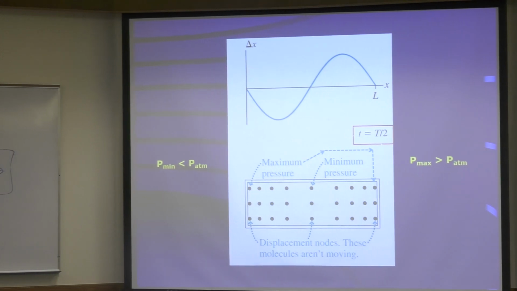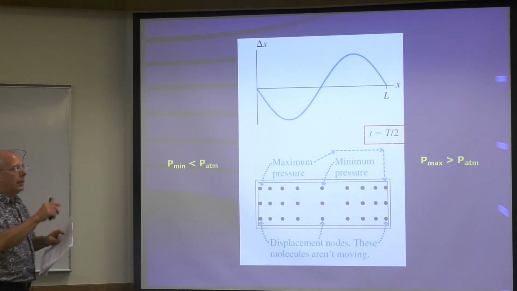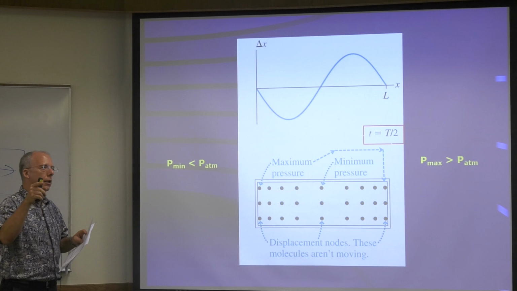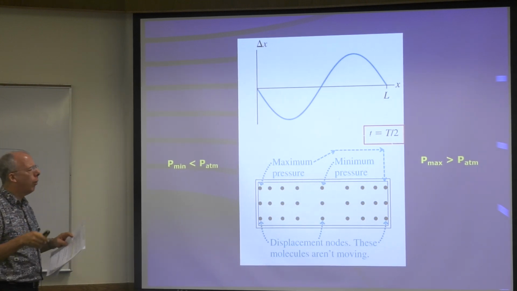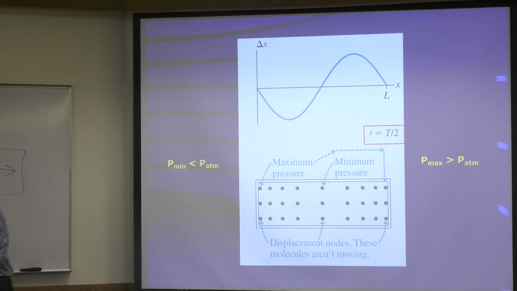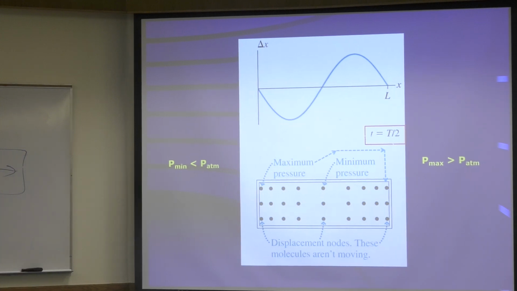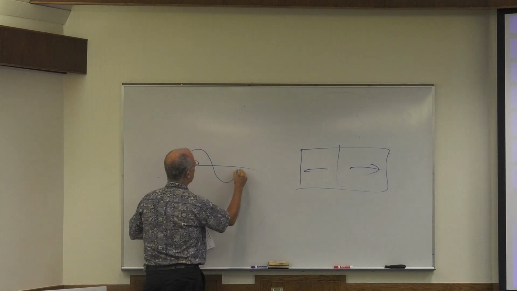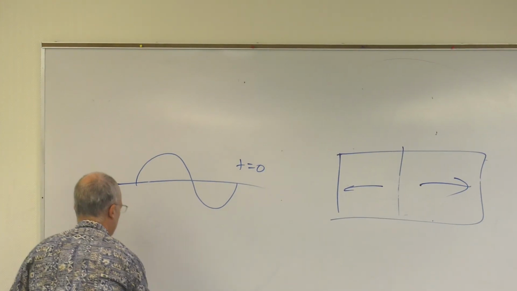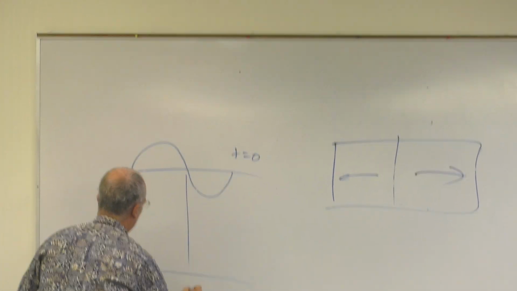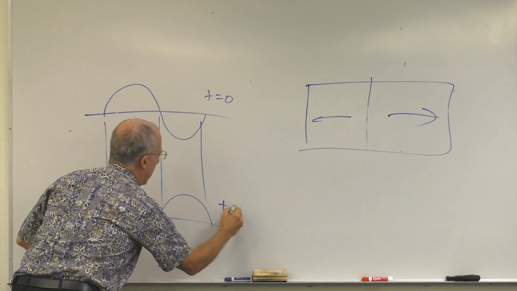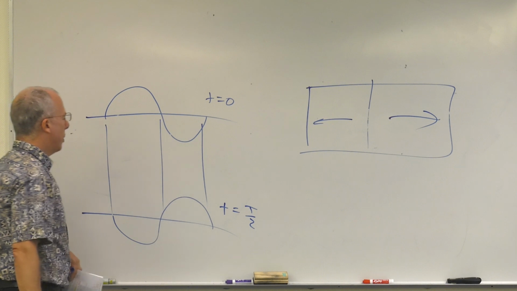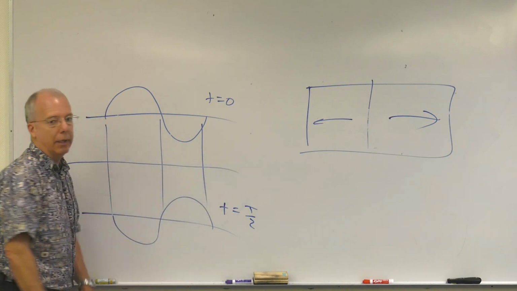So we did time equals 0, then time equals half a period. Now let's do time equals a fourth of a period. Here was time equals 0, and this was time equals half a period. So what do you think it's going to look like at a fourth of a period?